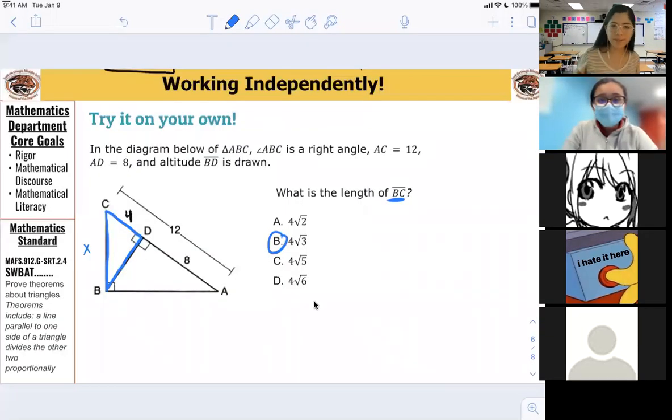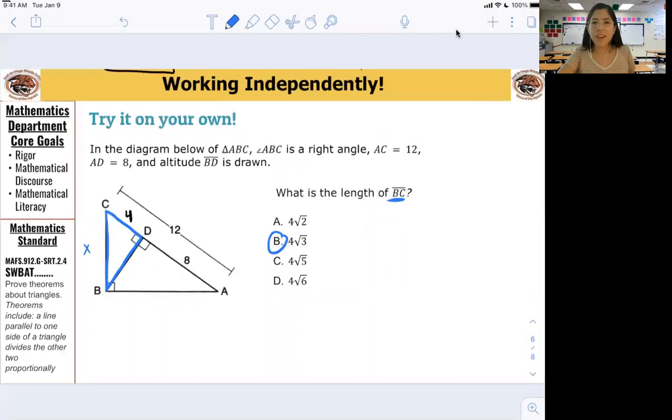Okay, we're back. So we did this the easy way. Now let's do it one more time the long way. I have my small blue triangle, and we're looking for X. Which other triangle also contains X? The big one, right?